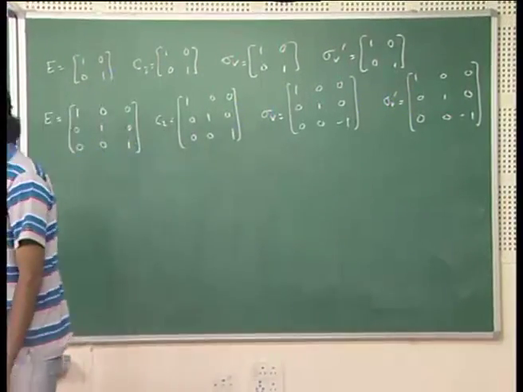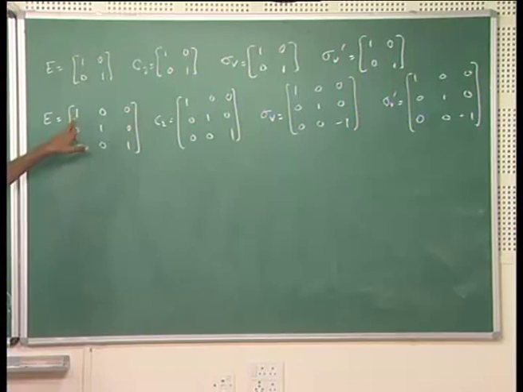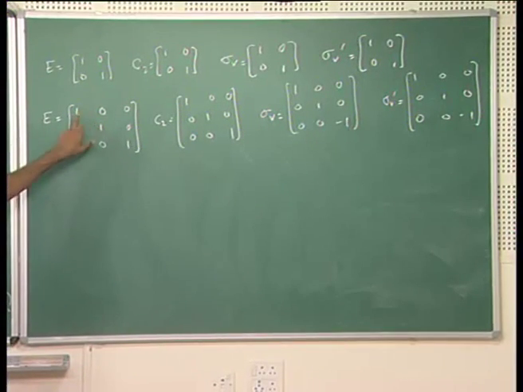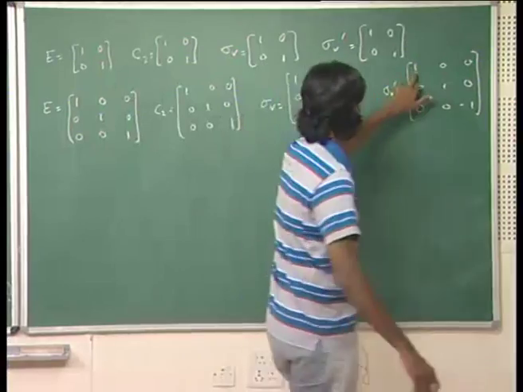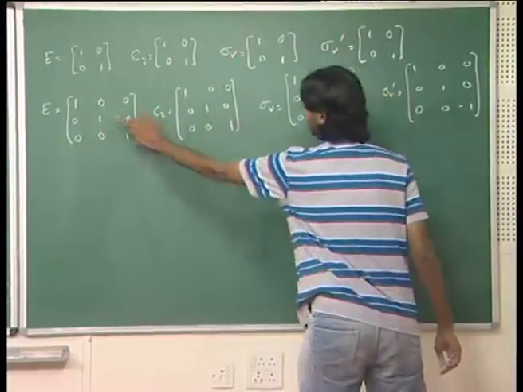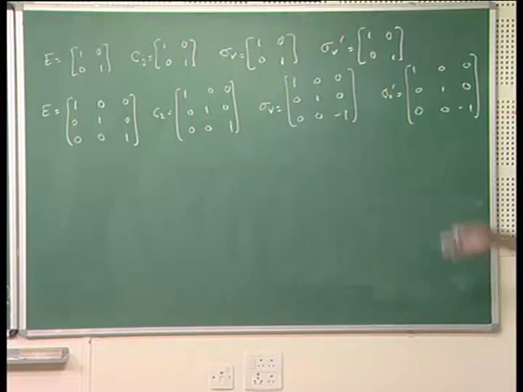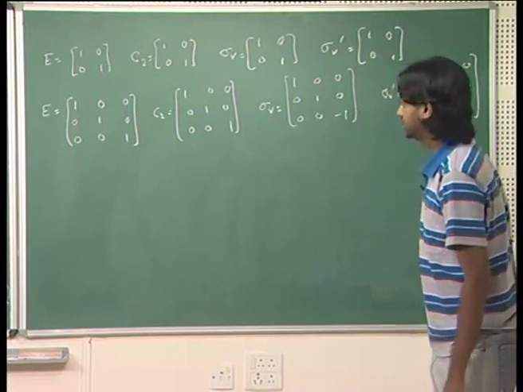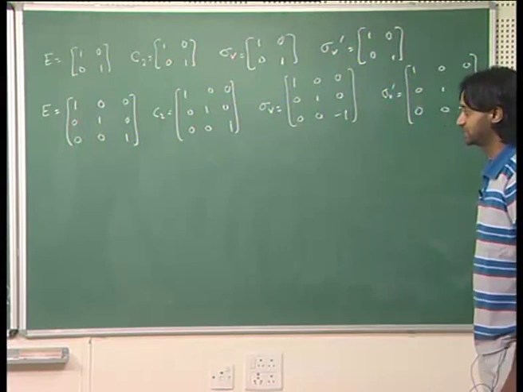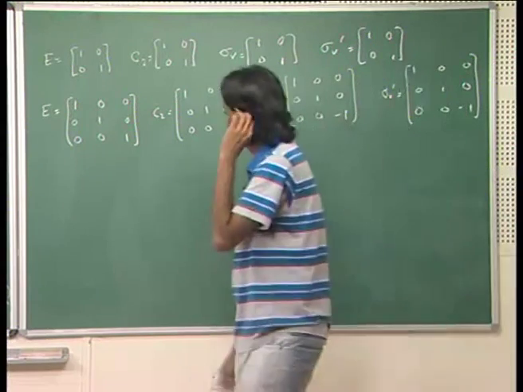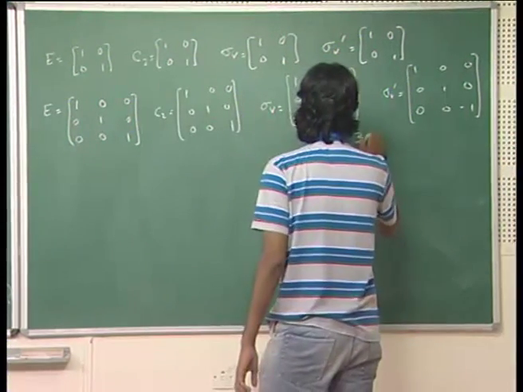So I can always take this representation, and you can clearly see that since 1 1 1 1 is a representation, and 1 1 1 1 is a representation, and 1 1 minus 1 is also a representation, this will also be a representation, and I can keep doing this. I can keep doing this on, and I can make all kinds of representations. Now, this is a 3D representation.